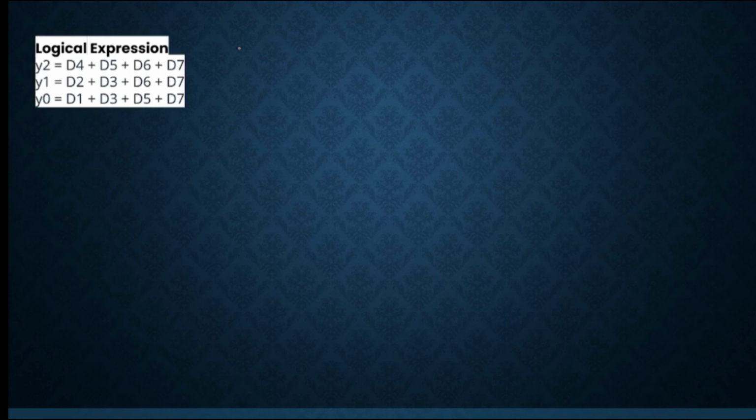Now I am taking inputs D0, D1, D2, D3. Don't write it like this, I'm just writing it for now. You should write D4, D5, D6, D7 as well. I'll also be writing along with you.